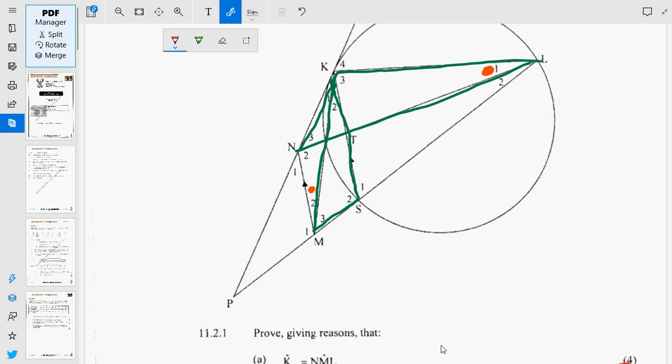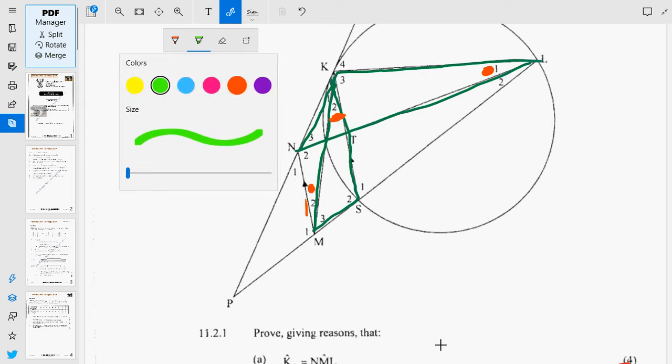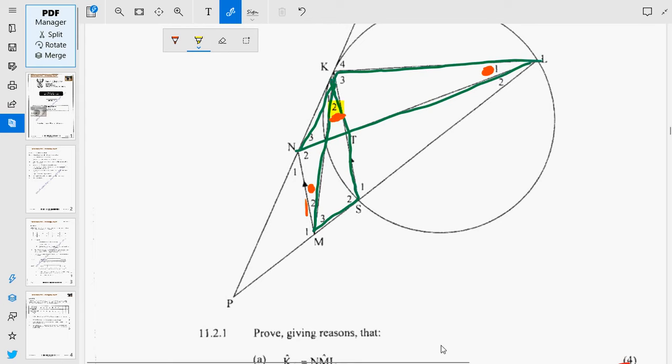But since this is parallel to this, we've got alternate angles. So this will be equal to this. So now you can see that this angle here, let me use a different color, this angle here is equal to this angle here. Okay, I've proved that.